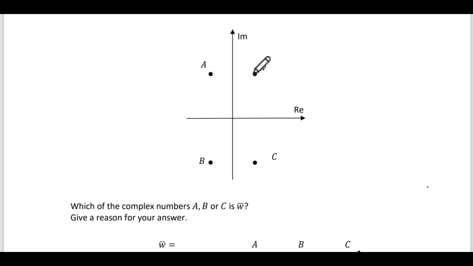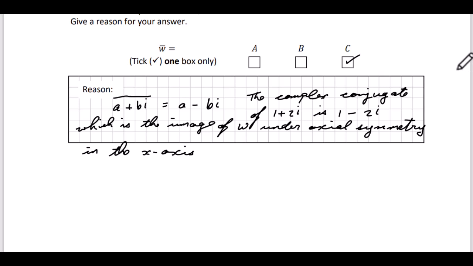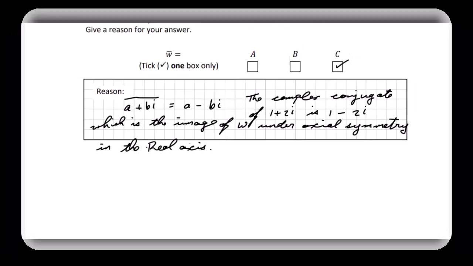So when you have any complex number like w here, its complex conjugate is going to be the image of that complex number under axial symmetry in the real axis. So I should really say, rather than the x-axis here, I'm going to say the real axis. Okay, and that's it for question 2.